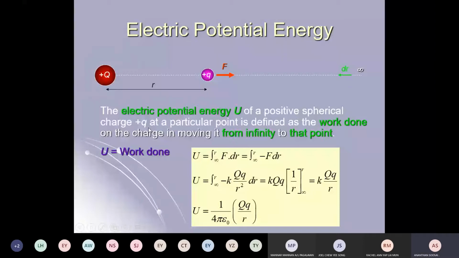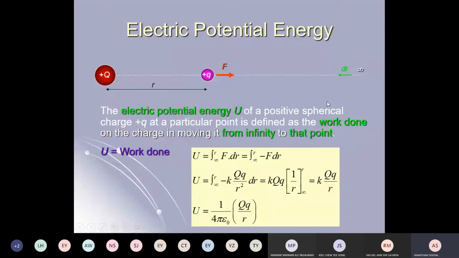For a positive charge Q at a particular point, it is defined as the work done on the charge in moving from infinity to that point. This is not electric potential, this is electric potential energy. So electric potential energy is the work done from infinity to R. It is the integration of F dR, force times distance travelled.